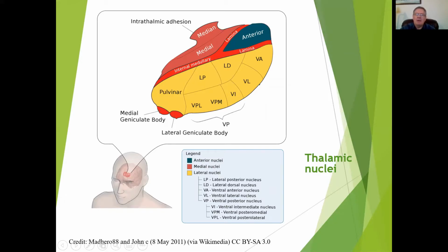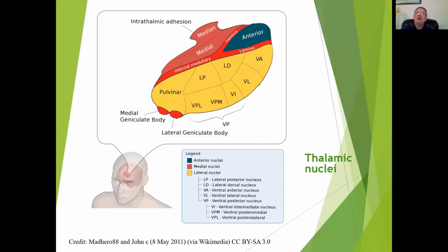Okay. Now, examples of nuclei from the lateral group, which are illustrated on the slide, include the medial geniculate nucleus or body, as mentioned, and this relays auditory information from the inferior colliculus to the primary auditory cortex. Now you have the lateral geniculate nucleus, the other red blip here. That gets input from the retina and relays the visual information to the primary visual cortex.